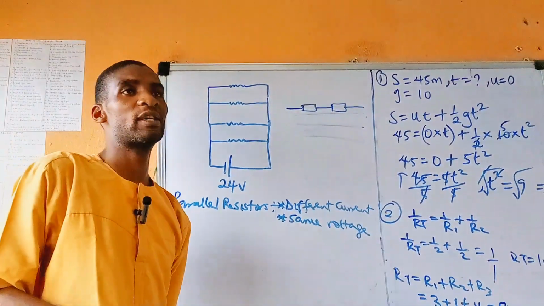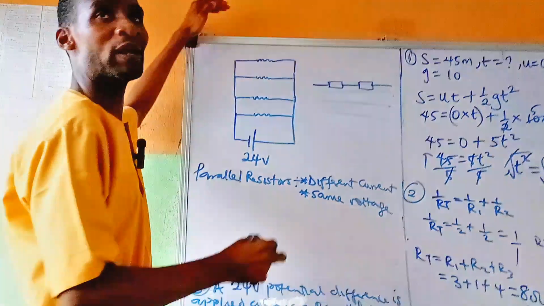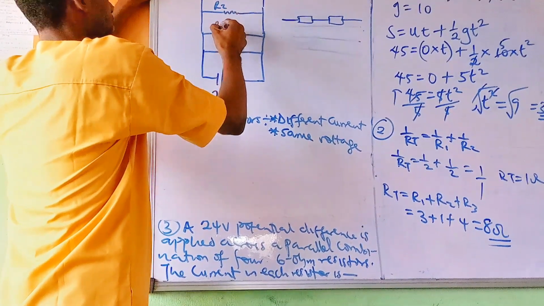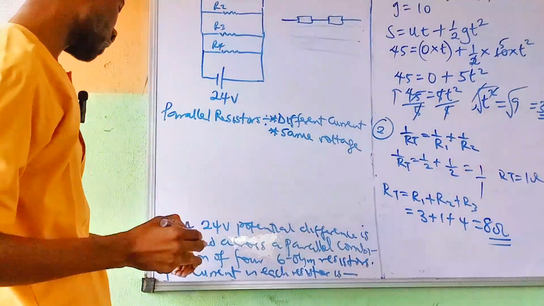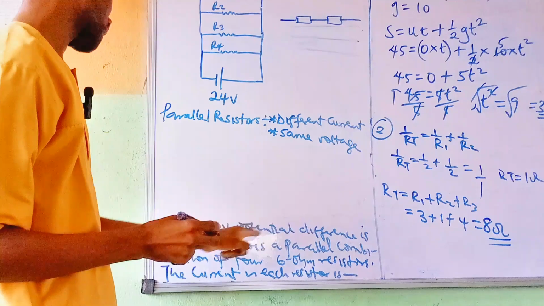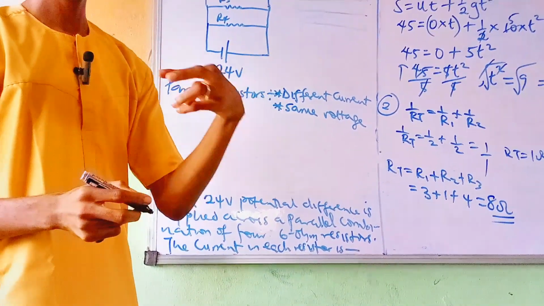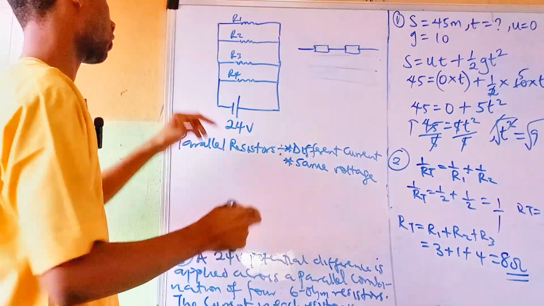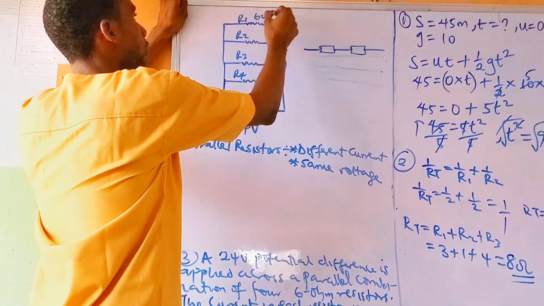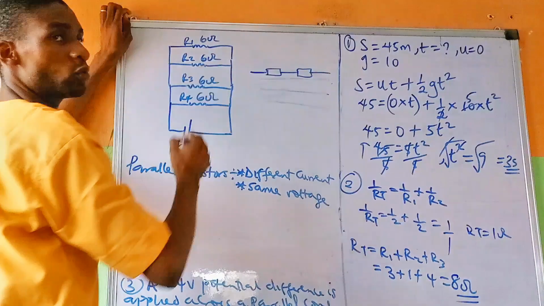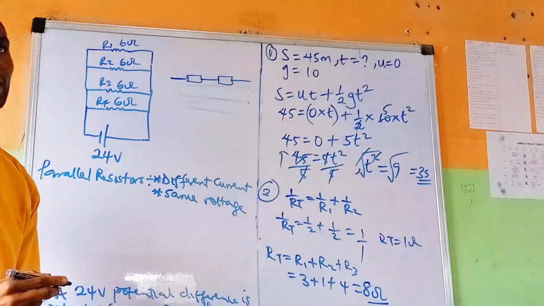Different current, same voltage when they are in parallel. So this is your R1, R2, R3, R4. The question says a 24-volt potential difference is applied across a parallel combination of 4 6 ohm resistors. So this is the first one, this is the second one, this is the third one, this is the fourth one. They are all in parallel to each other.